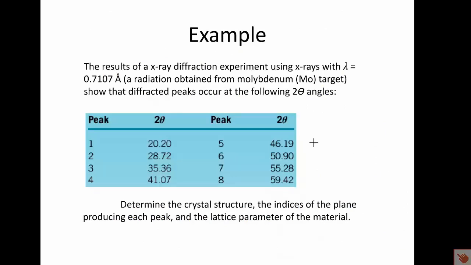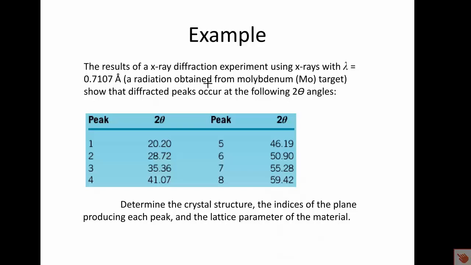The results of an X-ray diffraction experiment using X-rays with lambda equals 0.7107 angstroms, a radiation obtained from a molybdenum target, shows that diffracted peaks occur at the following 2 theta angles.